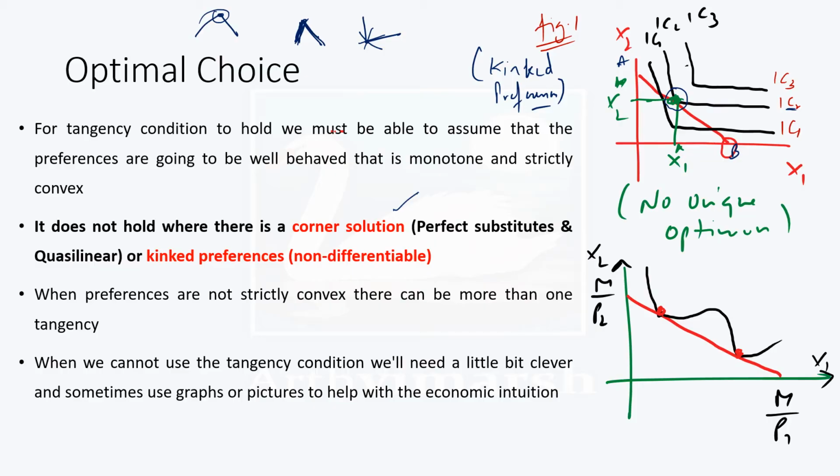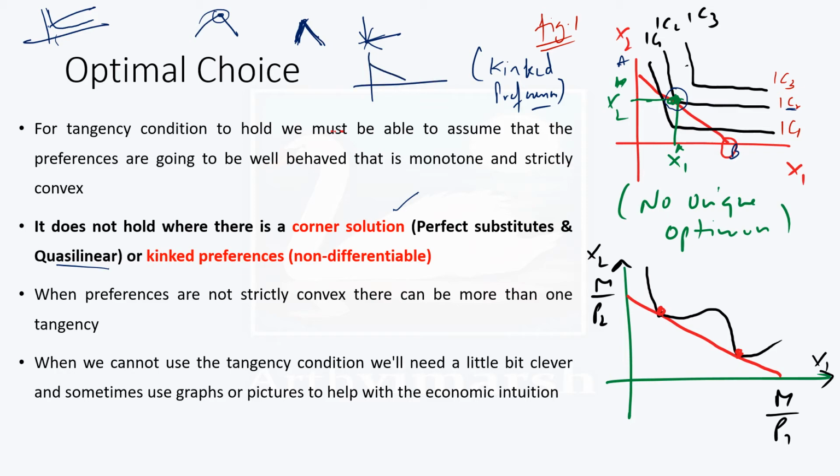And the other case is for quasi-linear preferences, which you know were represented in the graph with this kind of shape, where the budget line touches the axis of only one of the goods.